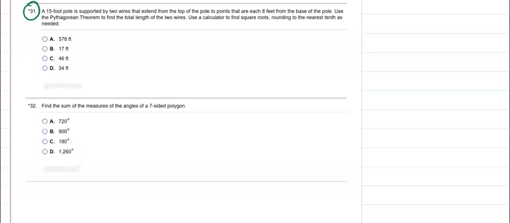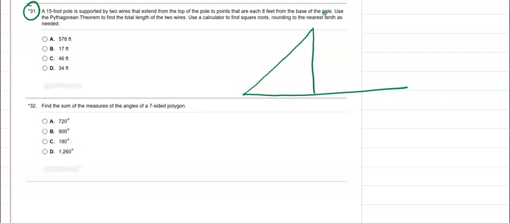Question number 31. A 15-foot pole is supported by two wires that extend from the top of the pole to the points that are each 8 feet from the base of the pole. So here's the pole, and that's the base of the pole, and the two ropes here.